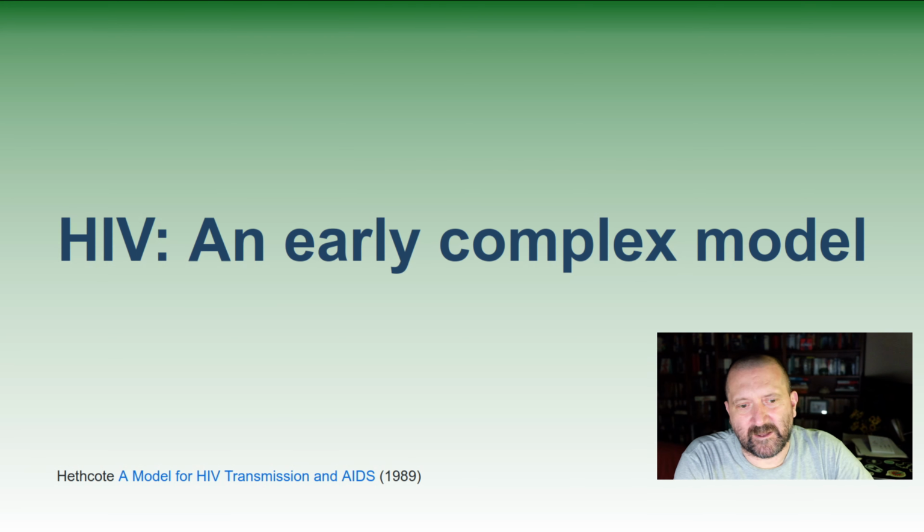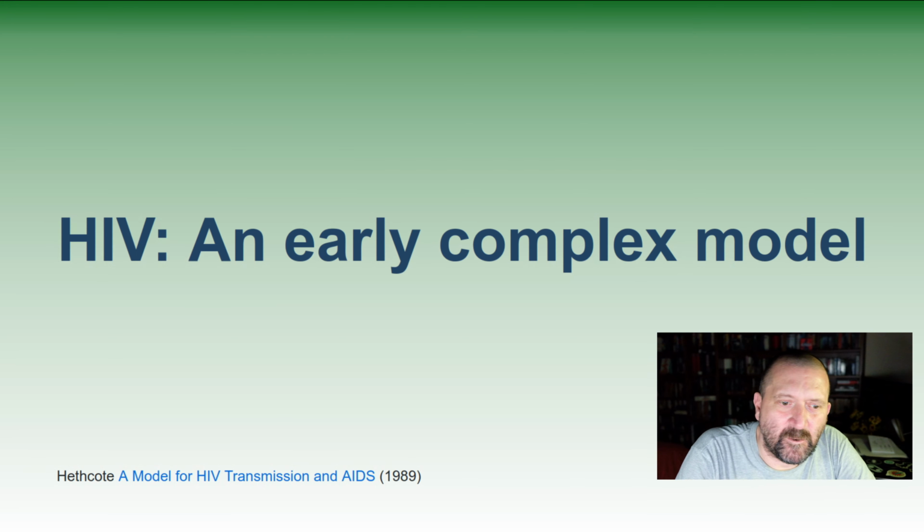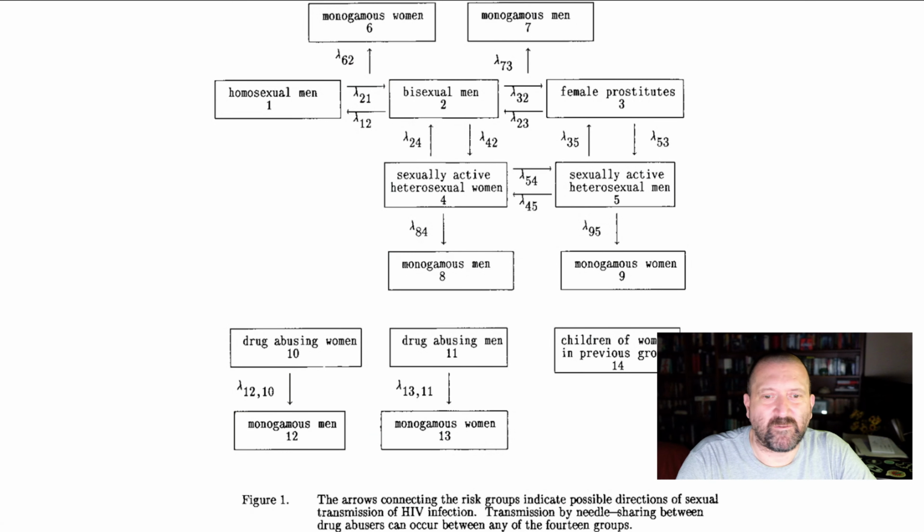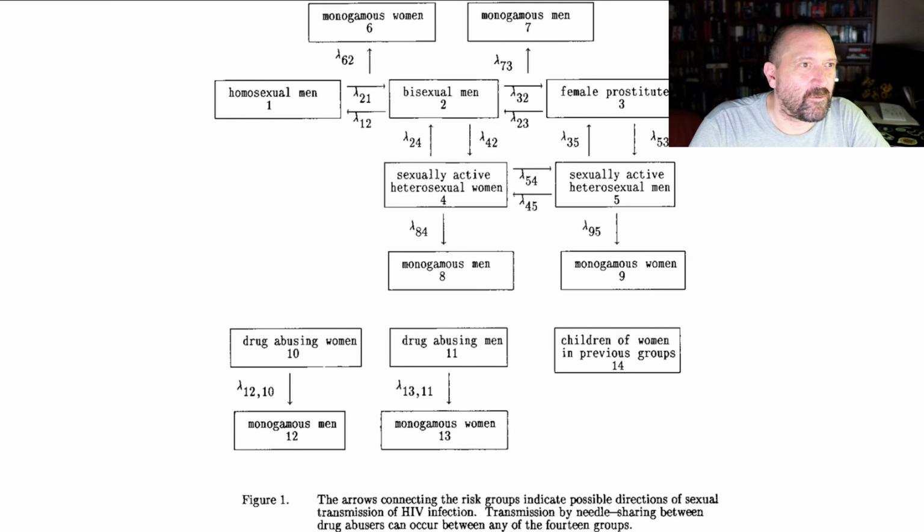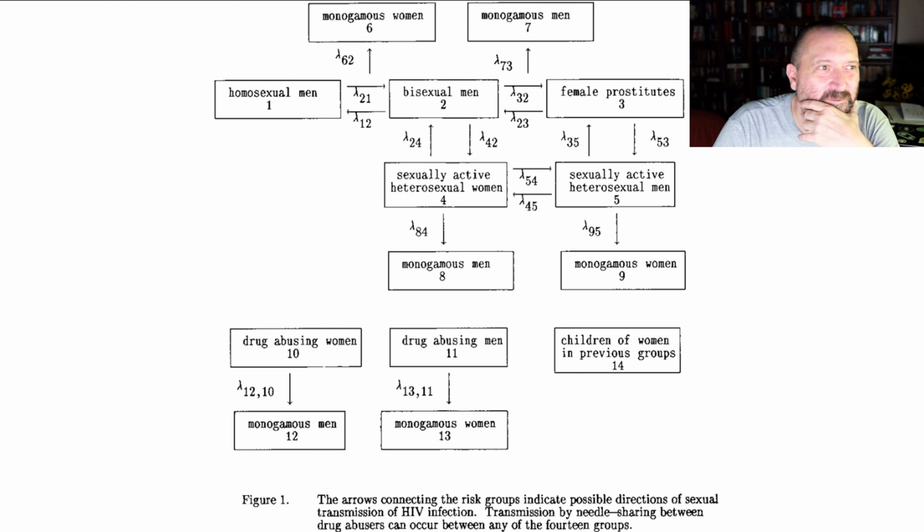Let me look at a model of Herbert Hethcote from 89, so 1 year later. A model for HIV transmission and AIDS. So this one I'll point out. The reason I'm pointing this one out, so I've decided to show a few examples of a variety of models. So this is a much more meaty model in the sense that if you look, there are many different compartments.